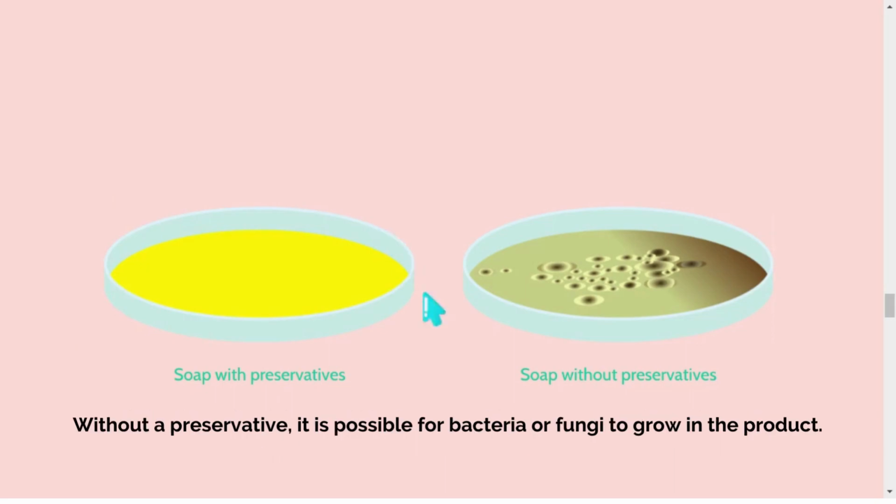As we can see here, if the soap has a preservative, there is no growth of microorganisms, a bacteria or a fungi, right? So if there are no preservatives in our soap or in our cleaning products, the bacteria or fungi might grow in our product, and this will cause our product to not be usable.